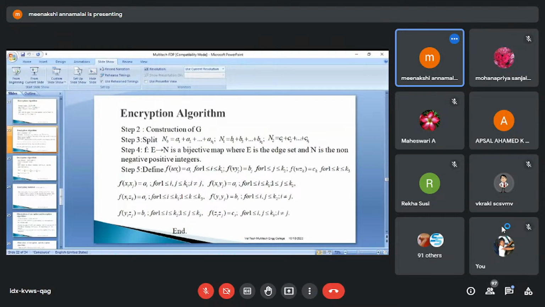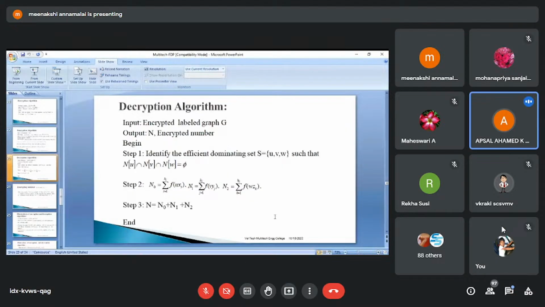Down in the second line you have mentioned f of x1. Here also, the output will be a1. So it may be, I'm not sure.